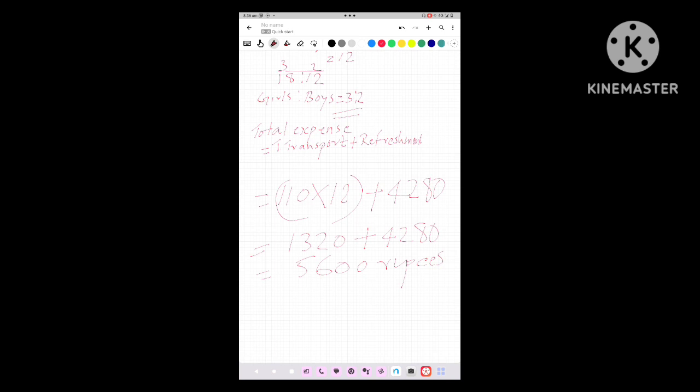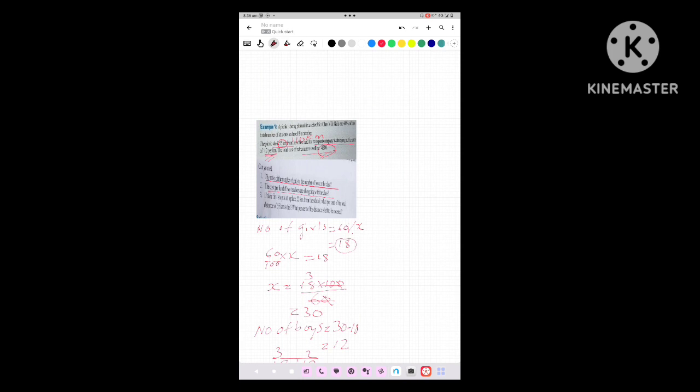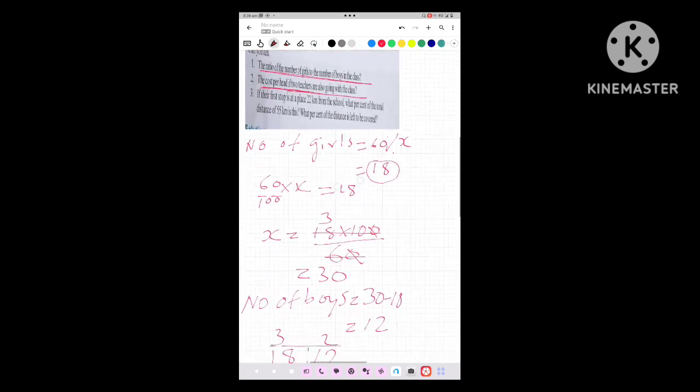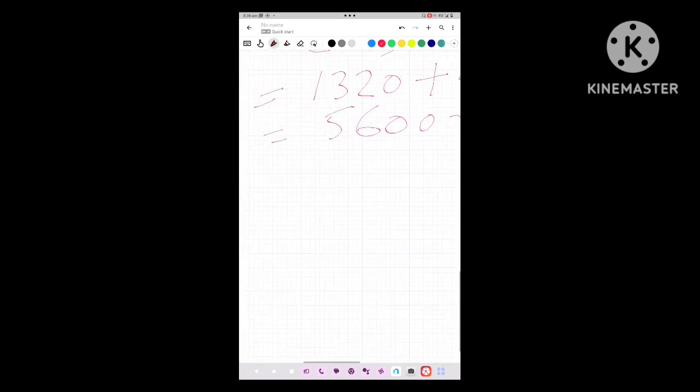And what is our question? The cost per head if 2 teachers are also going with the class. Cost per head. What's the total number of students? That is 30. With the students, how many teachers are going? 2 teachers. So what is the total number of people? 32, 30 plus 2 teachers.